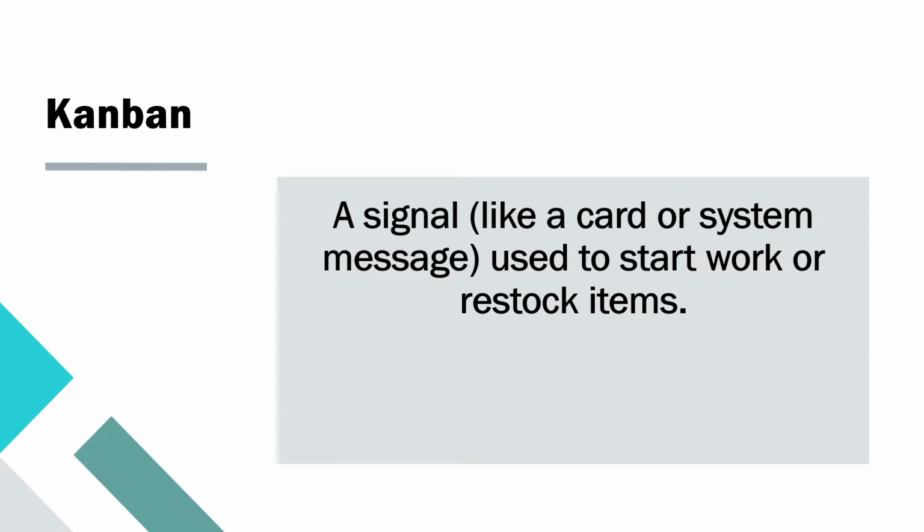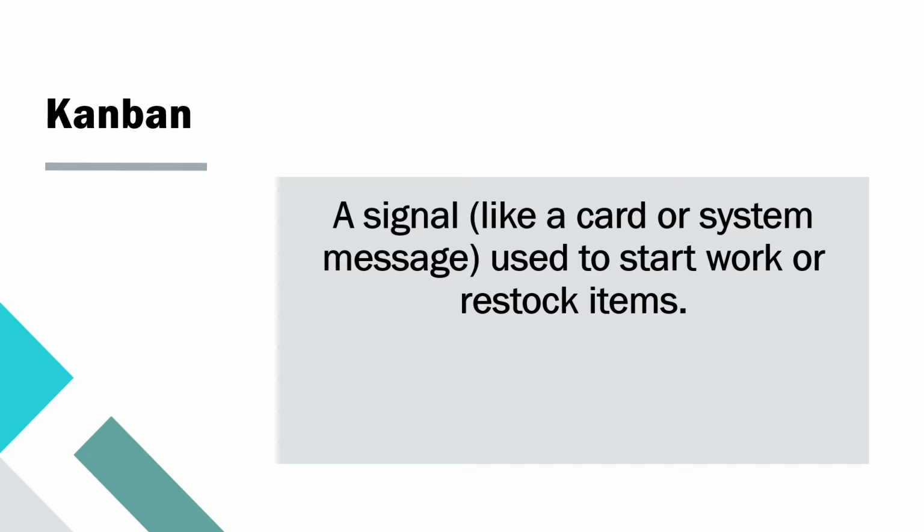So, in the previous slide, we talked about Kanban rule. Kanban rule will trigger a Kanban or a signal. So, what is Kanban? Kanban is a Japanese word meaning a visual signal or card. It is used in manufacturing to control production and inventory.